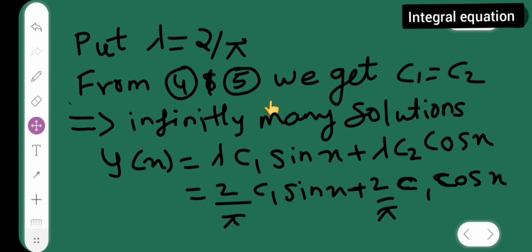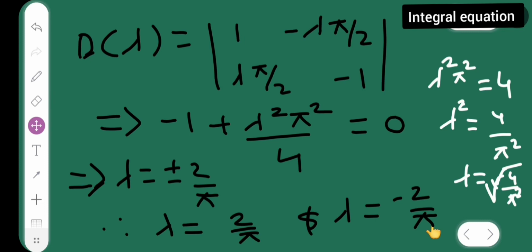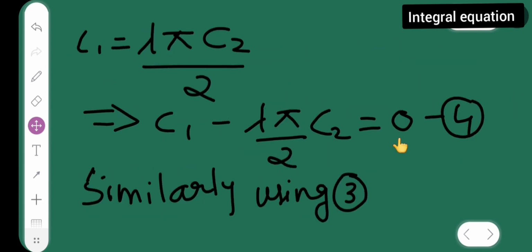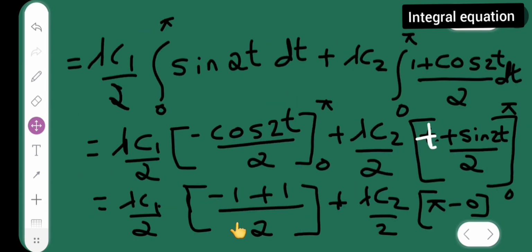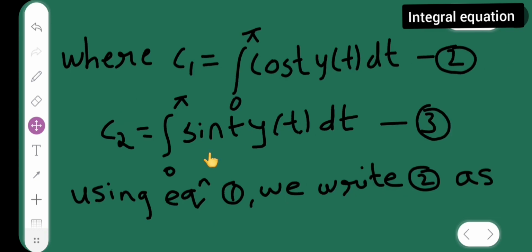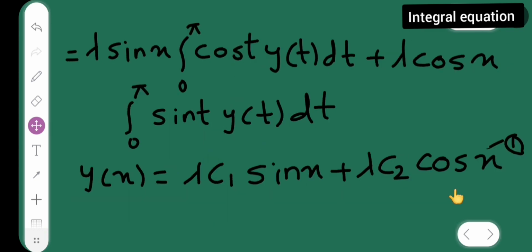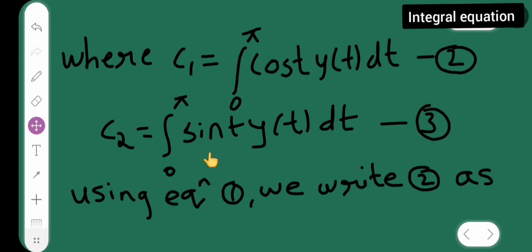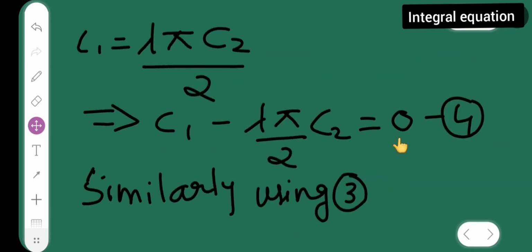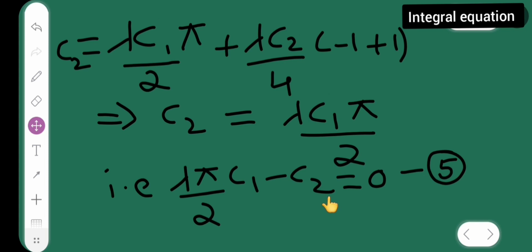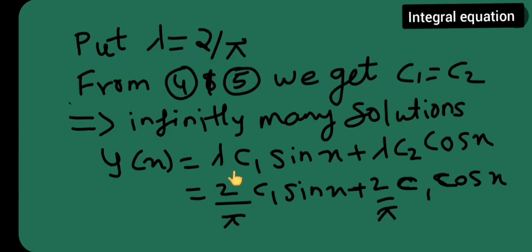Now what I have to do is put lambda is equal to 2 by pi. From 4 and 5 we get C1 is equal to C2, which implies infinitely many solutions. Now y of x, from equation 1, is equal to lambda c1 sin of x plus lambda c2 cos of x.